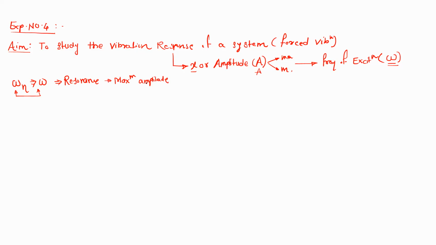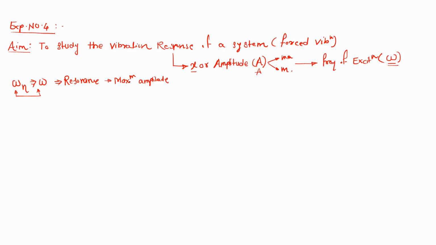When we design any system, we generally avoid this condition where the system's natural frequency becomes equal to the external frequency, that is the resonance frequency. If we allow the system to oscillate with omega equal to omega n, there is a possibility that the mass of the system will oscillate with the maximum amplitude and become uncontrollable.